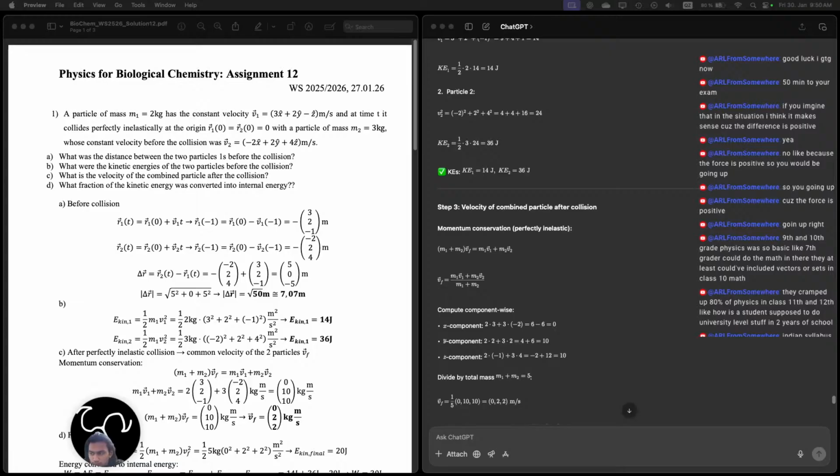One more hour. I'm guessing that river crossing question is going to come, the boat crossing the river. That was example 7.